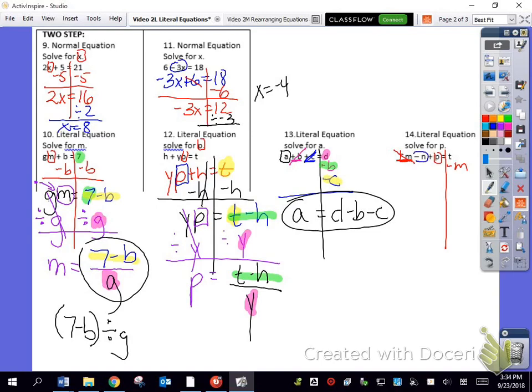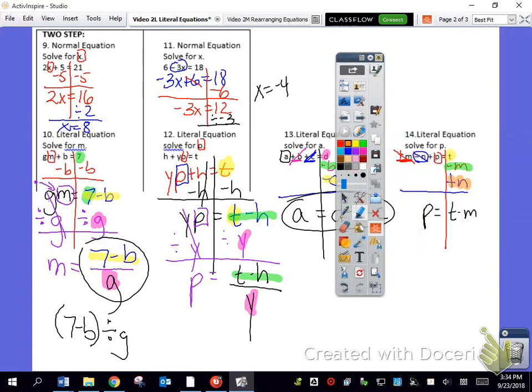Look in front of the n, that's a minus n. So the opposite of a minus is a plus n. That gets rid of it. So you've got p equals, and start from the top. I'm going to say t, and then you do what's next, minus m, and then you do what is last, plus n. So then you put plus n, and there's your answer, and you're done.